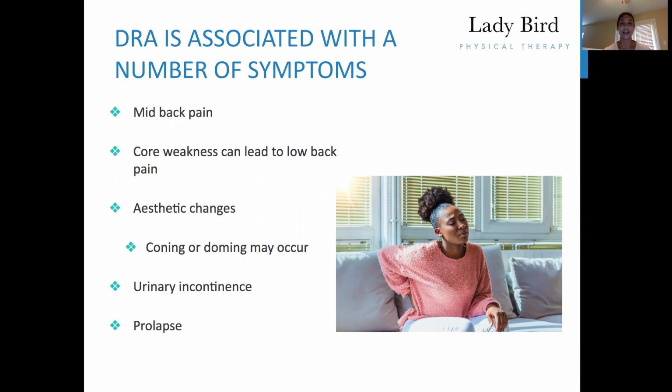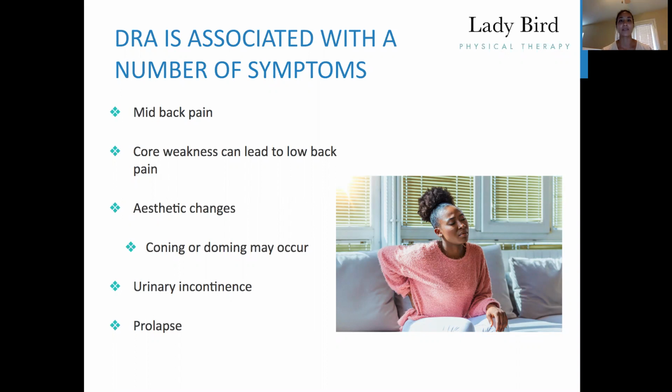Urinary incontinence is urinary leakage. There's been a lot of research, and this has been going on for quite some time, showing that diastasis, which essentially is core weakness, is also associated with leakage. And then finally, prolapse. Prolapse is also definitely categorized as one of those weakness types of conditions.